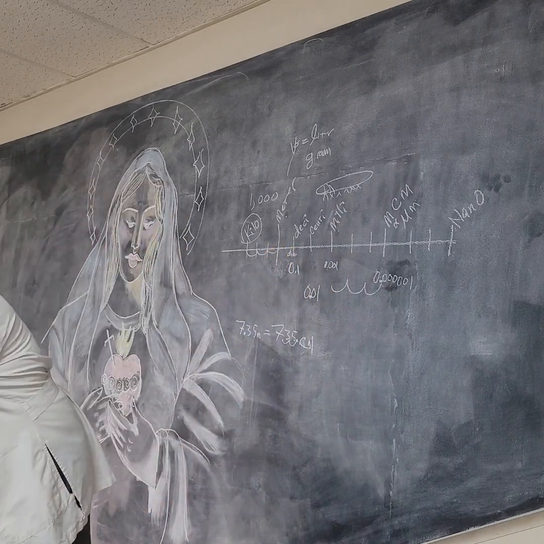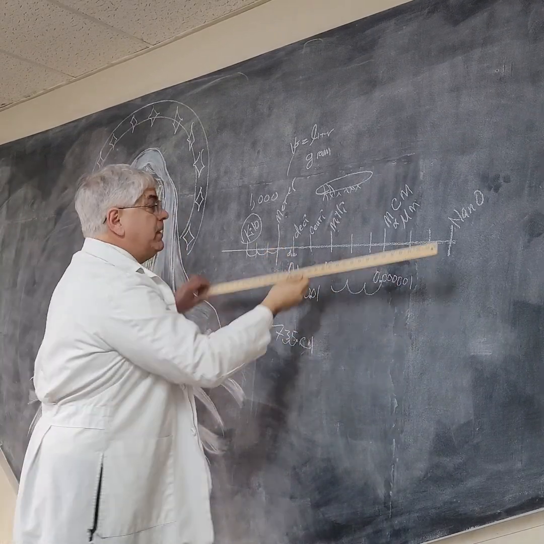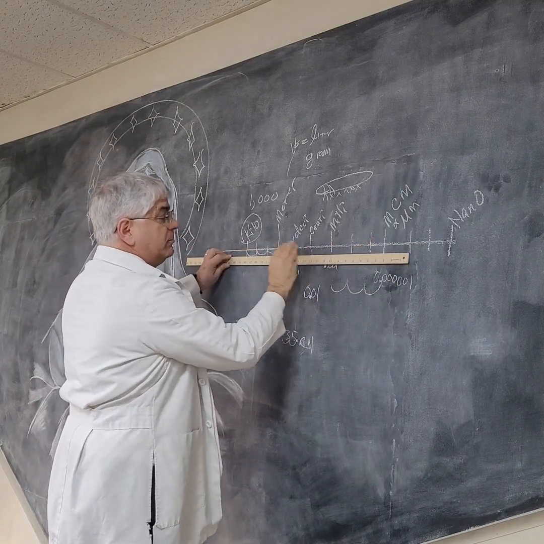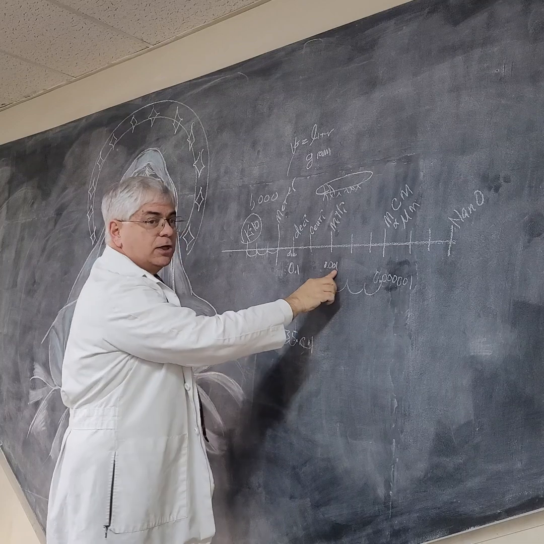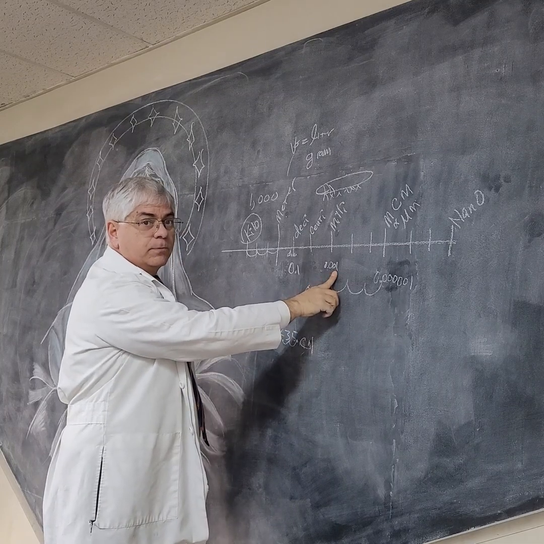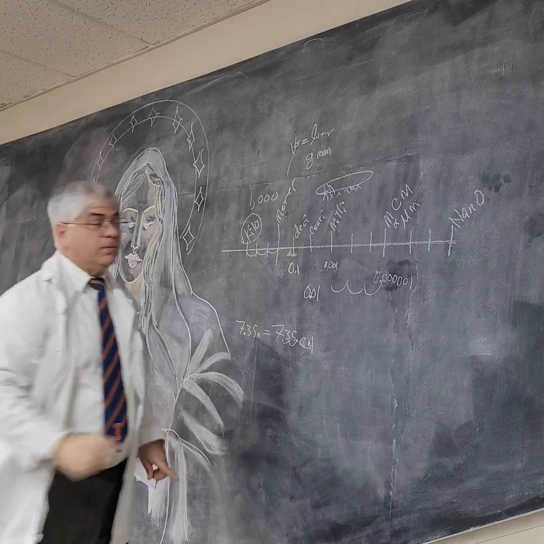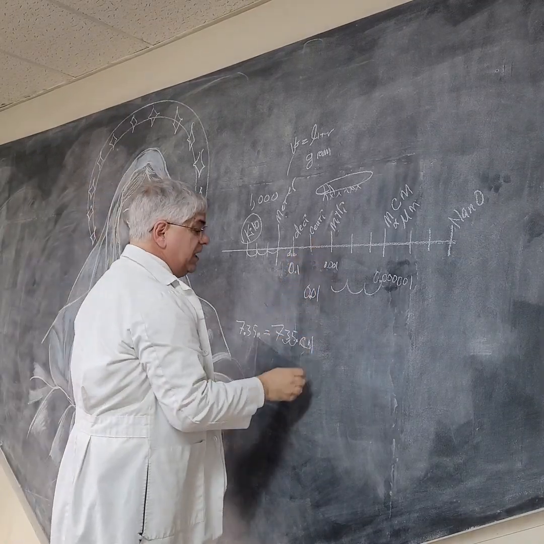So we take our meter stick, pretend this is a meter stick, and we divide it up into 1,000 pieces, and that's where we get our millimeters.